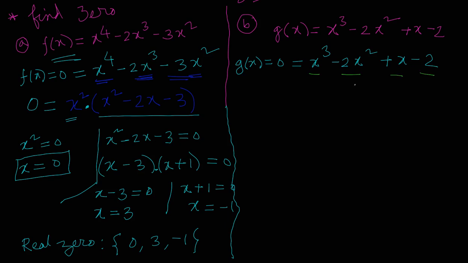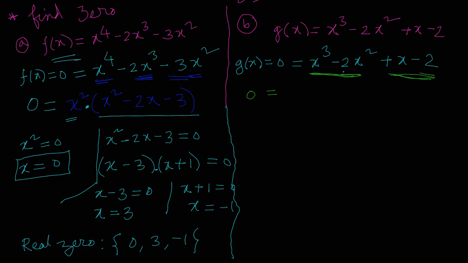Now I'm going to try to factor it, and I'm going to first try with the first two terms and the last two terms as a group. If it works, fine. If it does not work, I'm going to use the first and the third one, and the second and the fourth one.